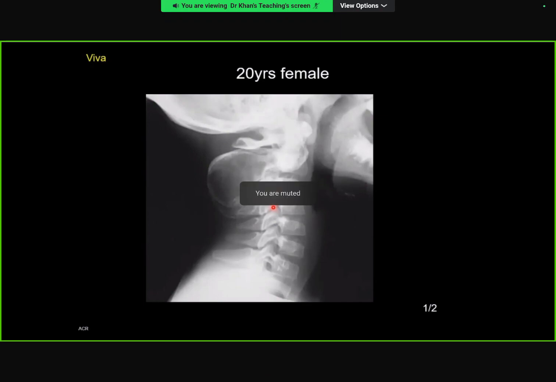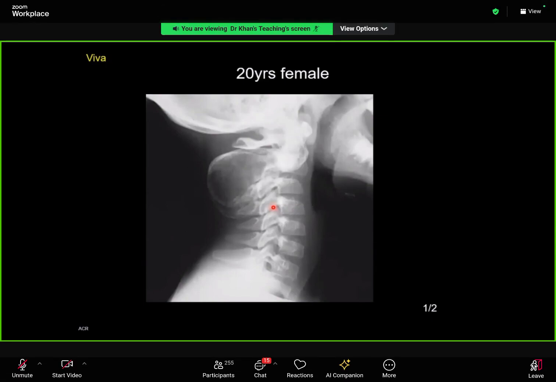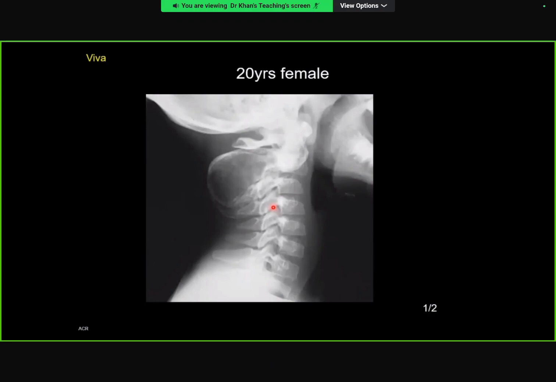C-spine radiograph for a 20-year-old female, there's a reasonably large expansile lesion in the spinous process of the C2 vertebra. It looks like it's causing some remodeling of the C3 and C4 vertebral spinous processes as well.